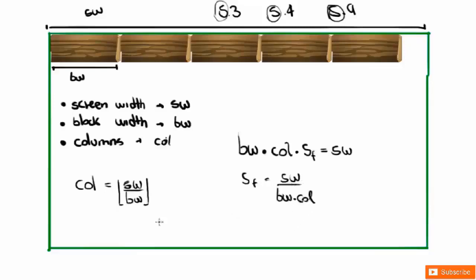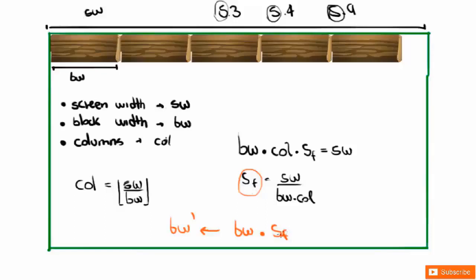So what do we do with this SF value? SF is basically a value that has to multiply the block width. So the actual block width, the block width prime, let's say, the target block width, has to be block width, the standard width of the block, times this SF, which changes for each configuration.